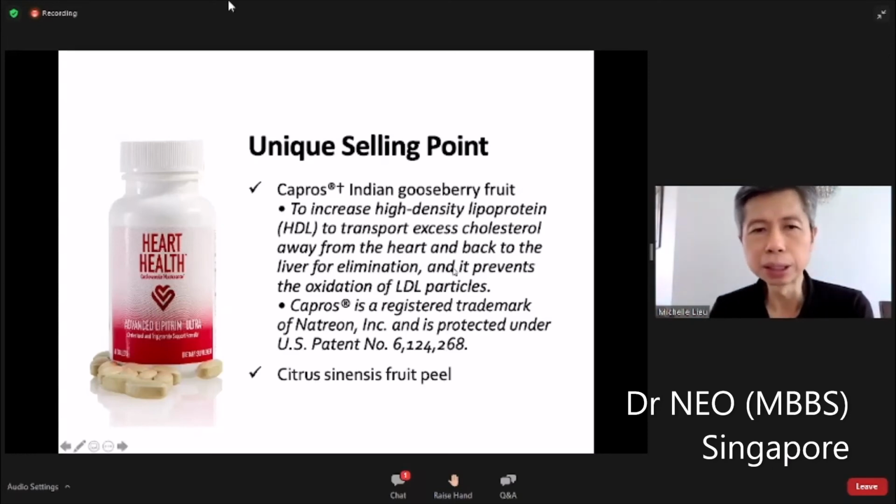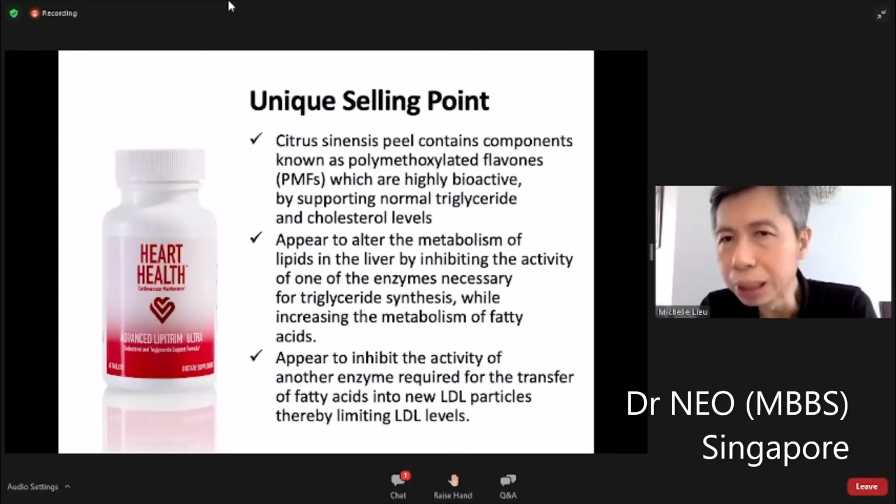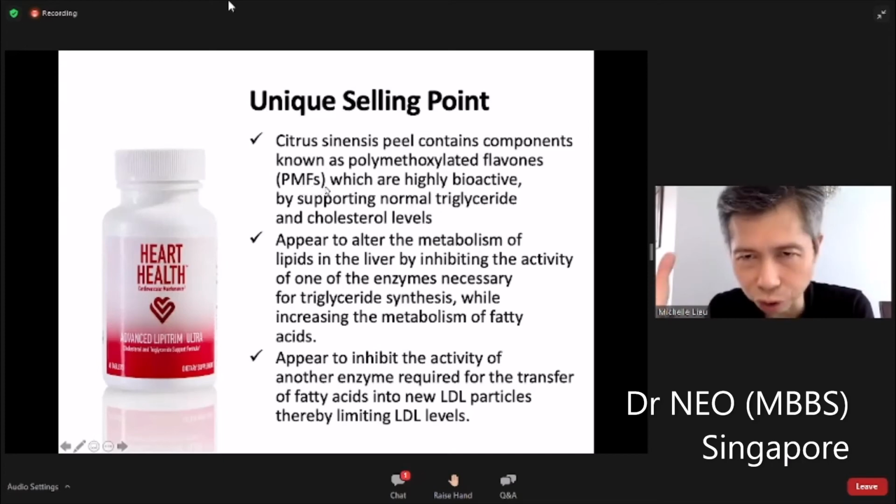Now, this particular product also contains citrus sinensis fruit peel. So what does this fruit peel contain? Well, it contains flavonoids called PMFs for short. These PMF compounds help to support normal triglyceride and cholesterol levels. How does it do so?